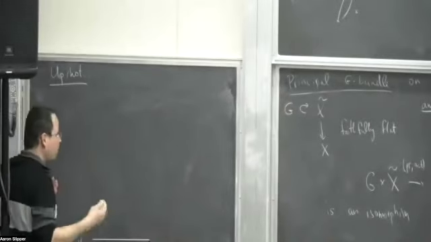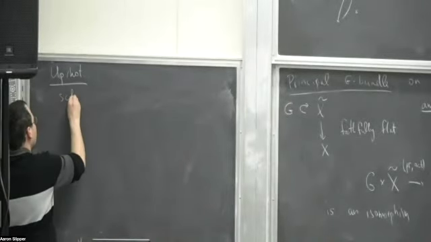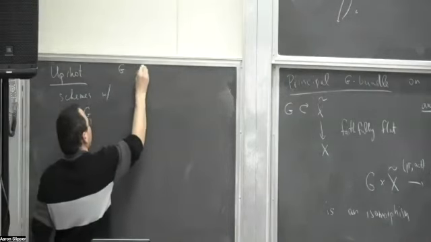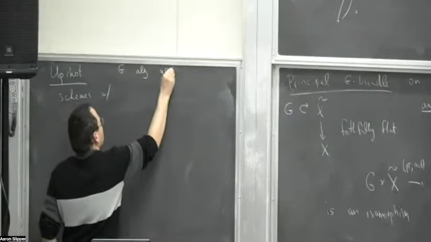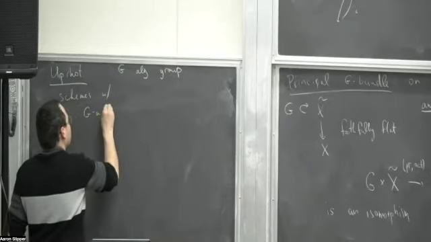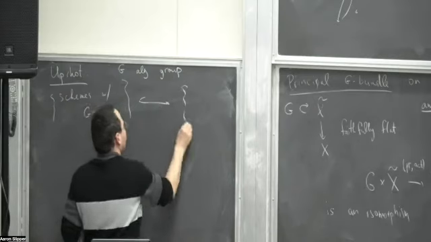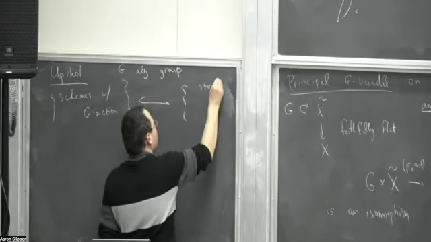So the upshot of this discussion is that you have the same kind of embedding of schemes with G actions, where G is now an algebraic group, that these embed into stacks over BG.